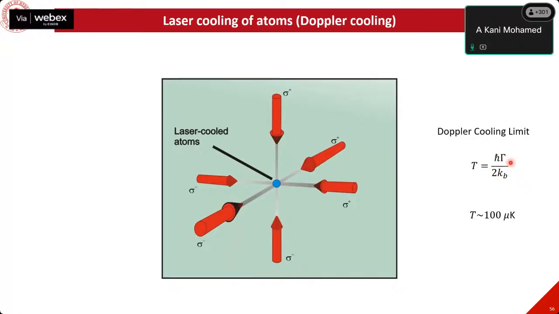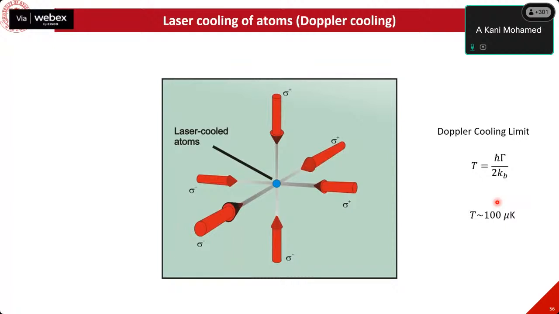This itself will create a matter wave with a wavelength of a few micrometers. That is sufficient to observe matter waves, and matter wave interferometry based quantum sensing, and more. So these are the basic things that we need to do.